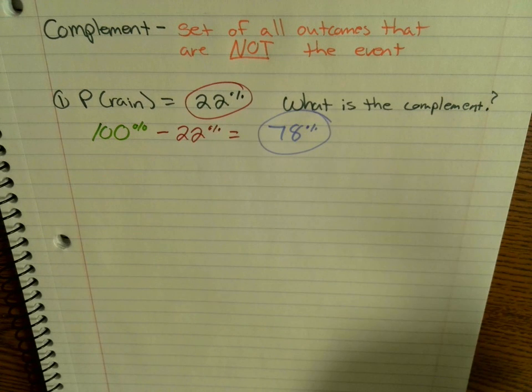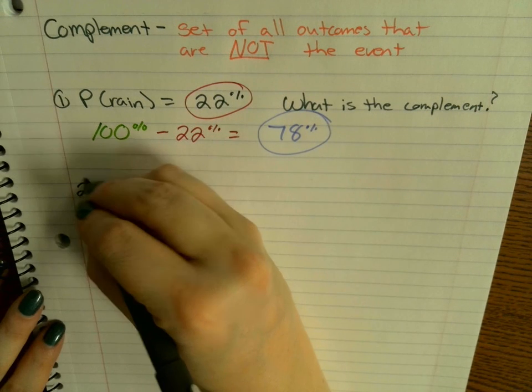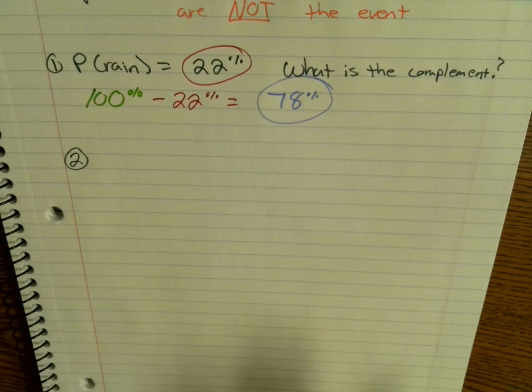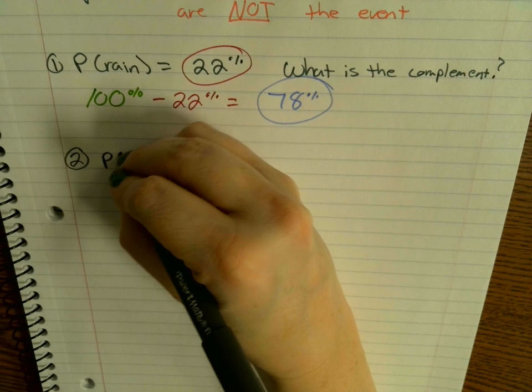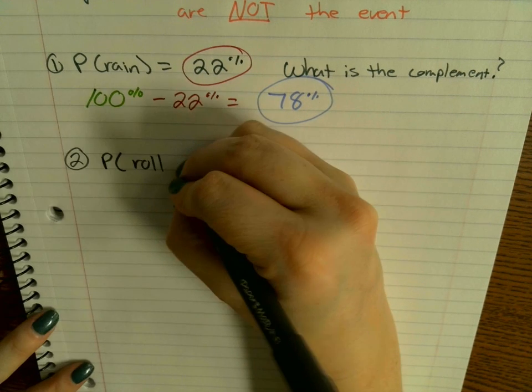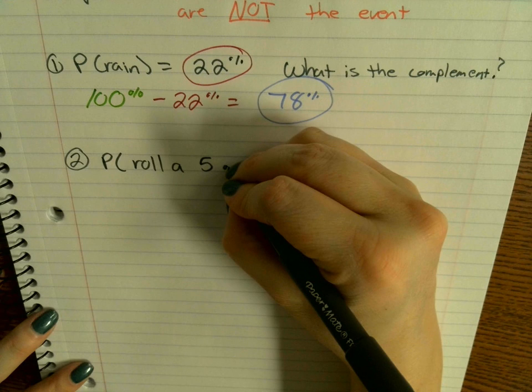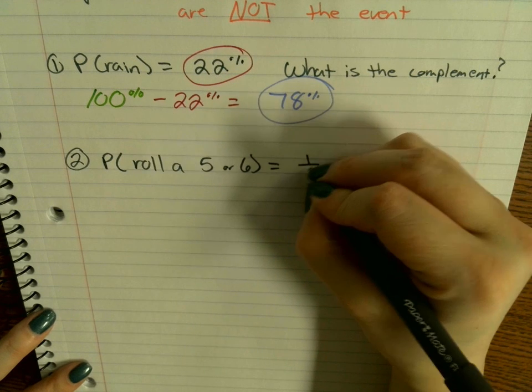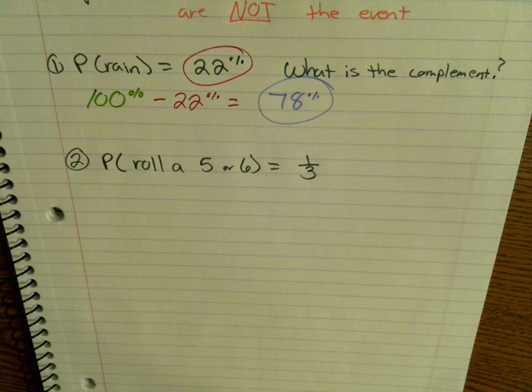Now, again, it's not always going to be in percentages. It might be in fraction form. So the probability of rolling a 5 or a 6 is 1/3.